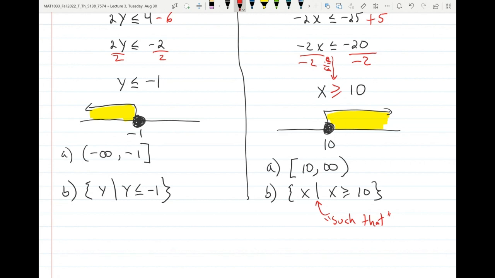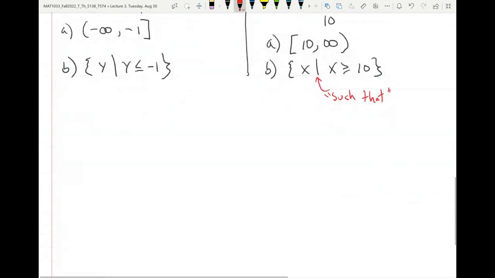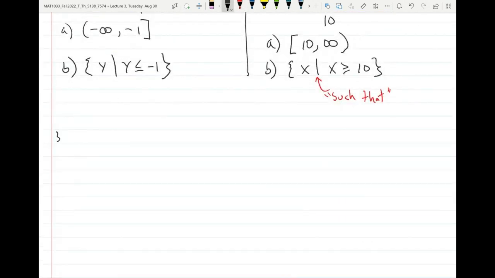Okay, so let's do one that has a little bit more stuff to it. For example, 3 over 4 times (a minus 9) less than 3.